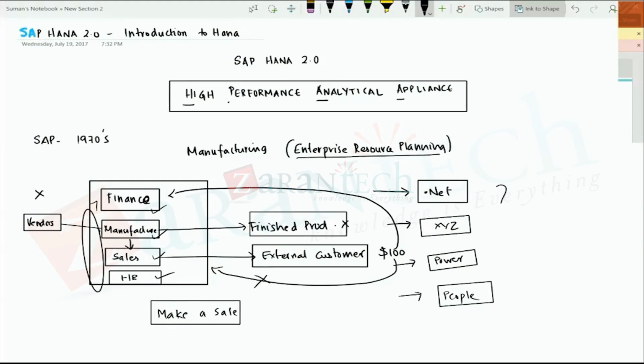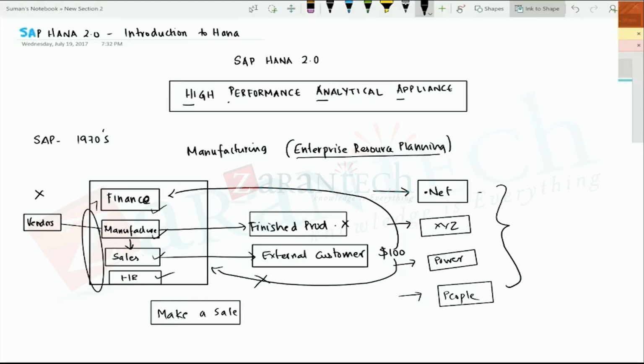If you look at it, every individual department is using a separate application or technology to run its organization. The key idea of enterprise resource planning is to make sure that these functionalities work in tandem, hand in hand.